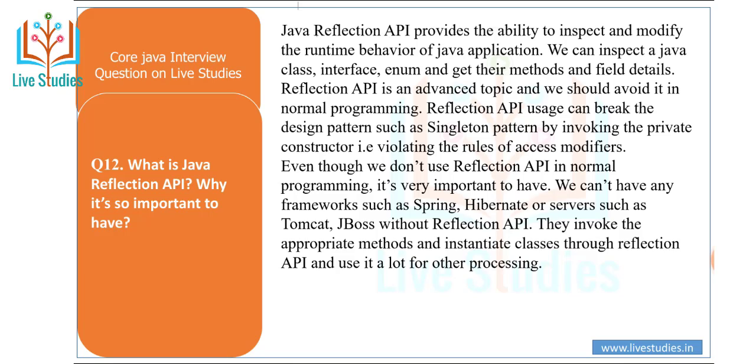We can't have any framework such as Spring, Hibernate, or servers such as Tomcat, JBoss without reflection APIs. They invoke methods and instantiate classes through the reflection API and use it for a lot of other processing.